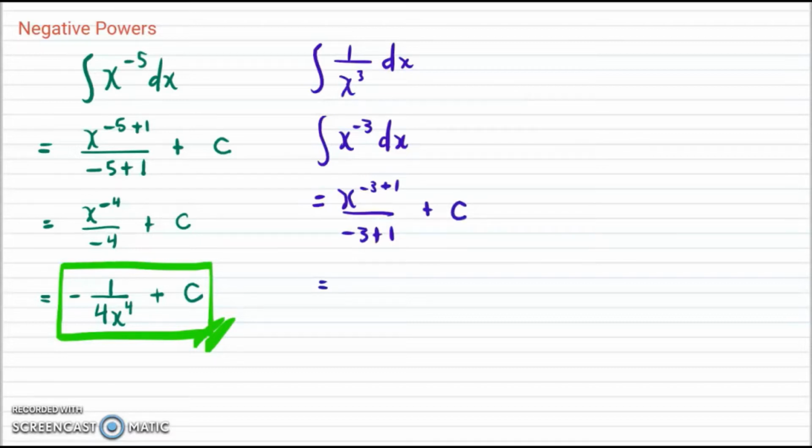And then simplifying, we get x raised to negative 2 over negative 2 plus c. And again, fixing this without negative exponent, and transferring the negative sign to the middle, so we have negative 1 over 2x raised to a positive 2 this time.